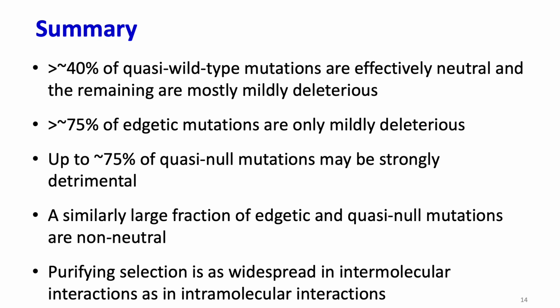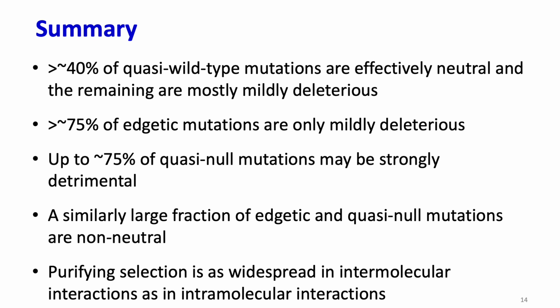To summarize, I hope to have convinced you that it is possible to quantitatively estimate the distribution of fitness effect for different mutation edgotypes. We used a structural systems biology approach to estimate that while very few of the quasi-wild type mutations are strongly detrimental, the majority of the agetic mutations are mildly deleterious, and a significant portion of the quasi-null mutations are strongly detrimental.